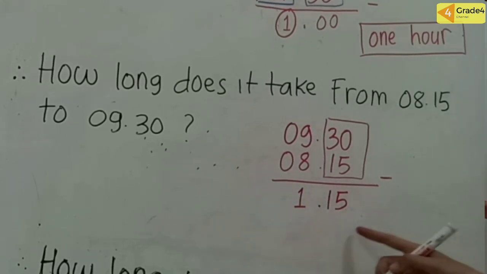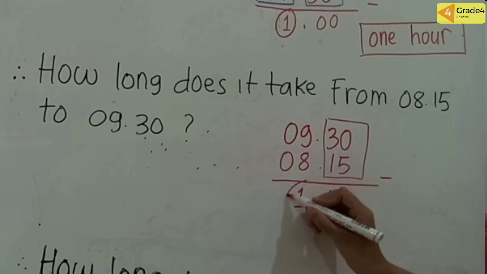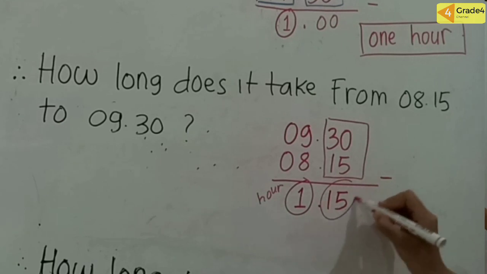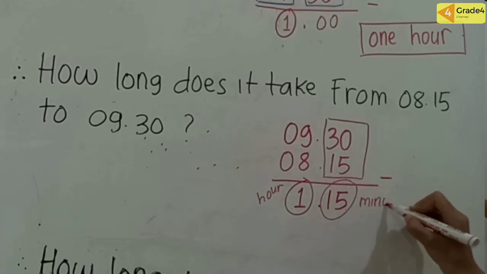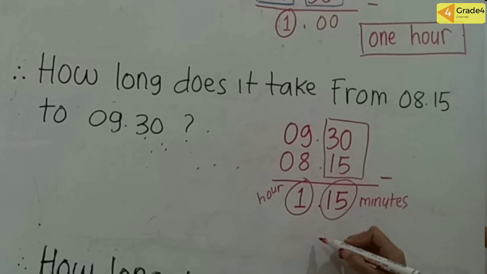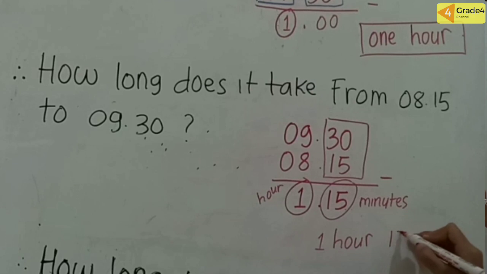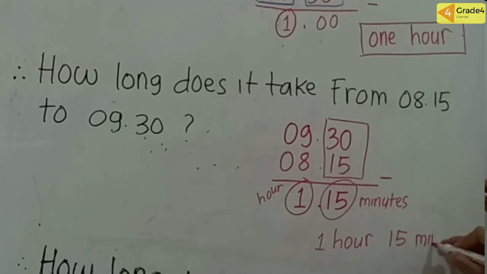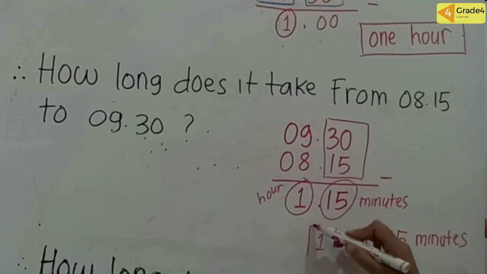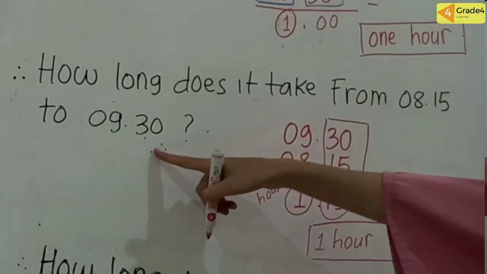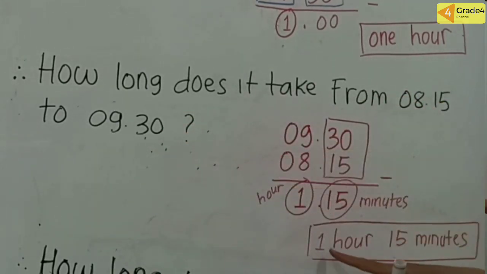So we get the answer because it shows the hour, and then it shows the minutes. We can write 1 hour 15 minutes. So the answer from 8.15 to 9.30 is 1 hour 15 minutes.